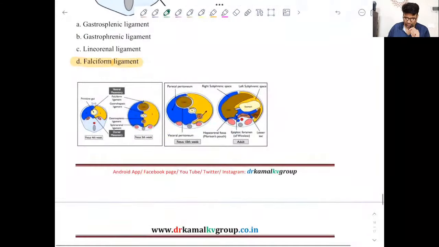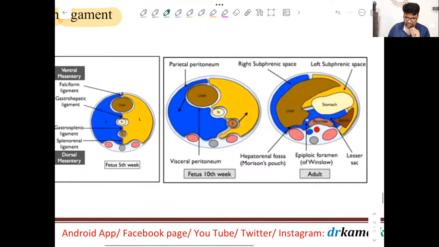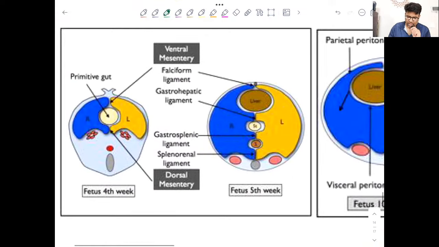So this is the early stage of development, and later on there is formation of stomach and spleen also. If we go in terms of weeks, around the 4th week we will see the ventral mesentery and the dorsal mesentery here, and this is the primitive gut, right?